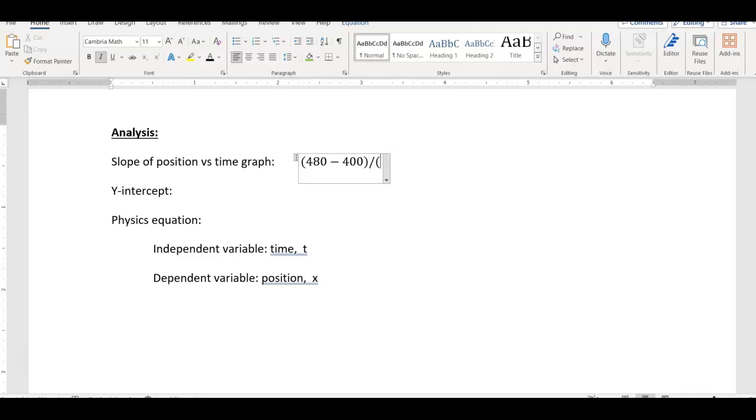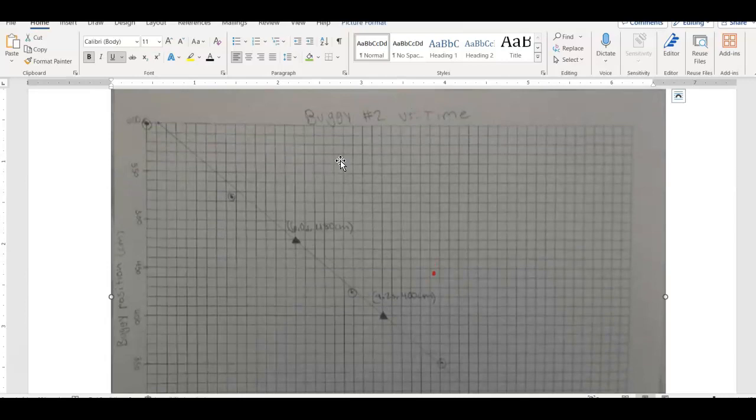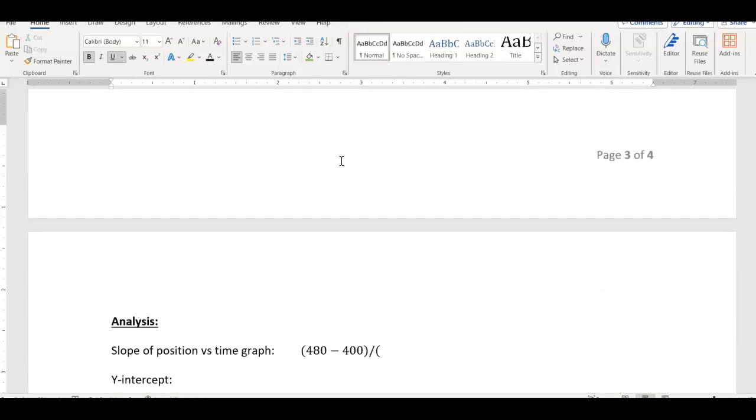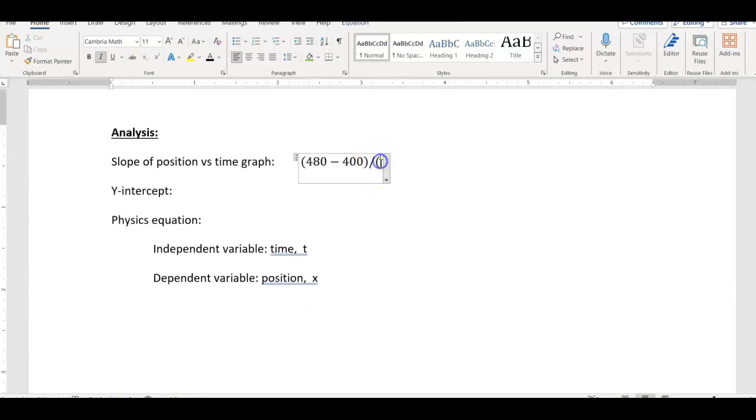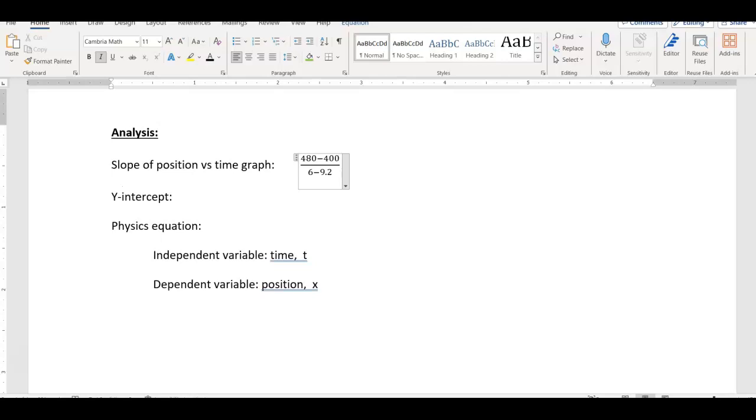Now in this case, I do need parentheses around the things in my denominator because it's more than one number. And that was 6 minus 9.2. When I hit the space bar, it reformats it as a fraction. I'm going to say equal. Let me do that math.